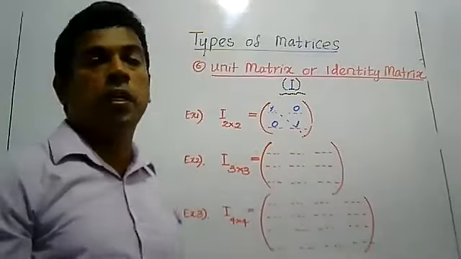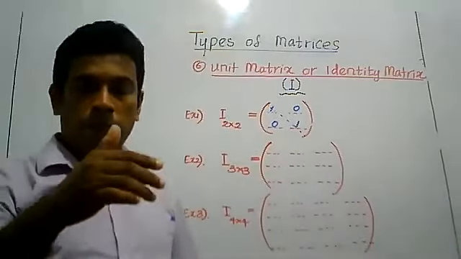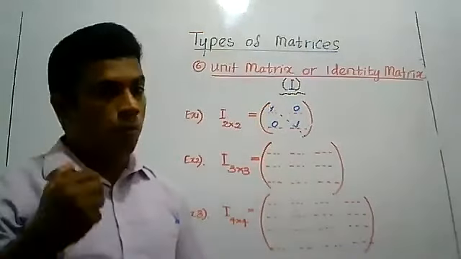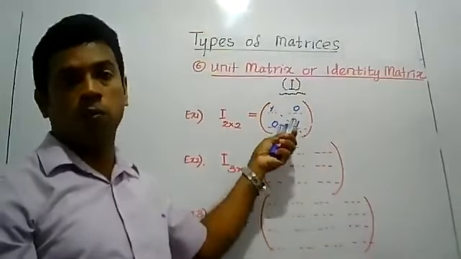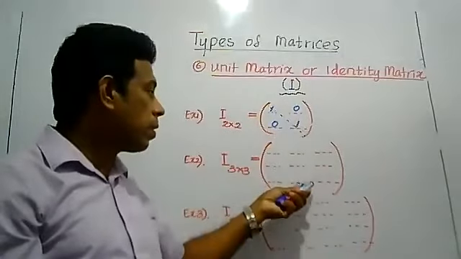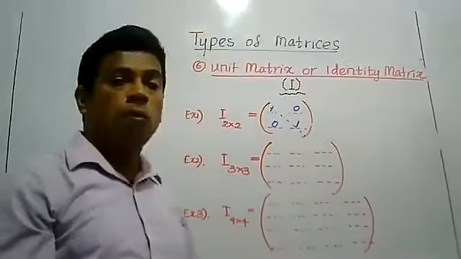Write down the next two identity matrices, because if they give an identity matrix of order 2 by 2, you should be able to write it. This is the identity matrix of order 2 by 2, this is the identity matrix of order 3 by 3, and here 4 by 4.